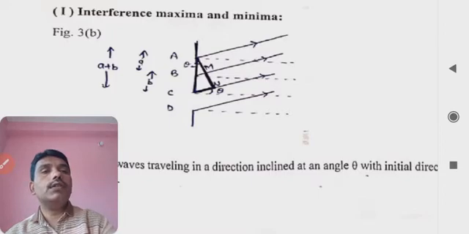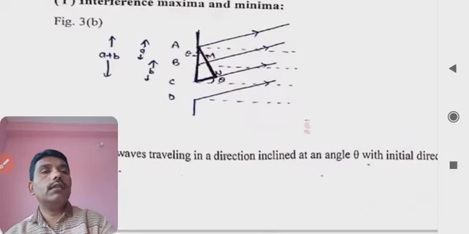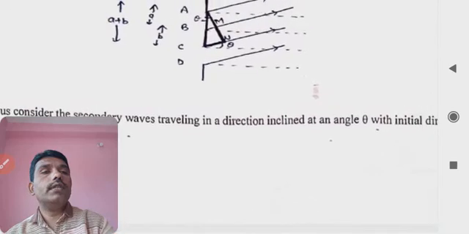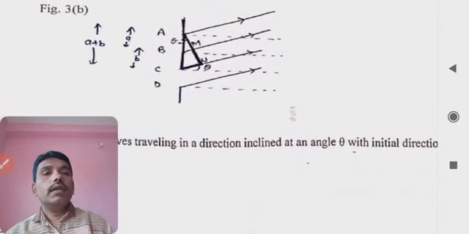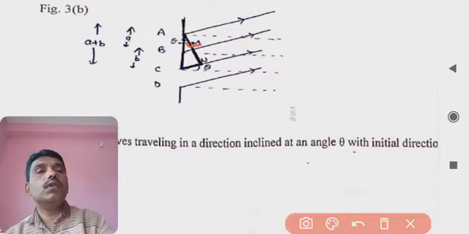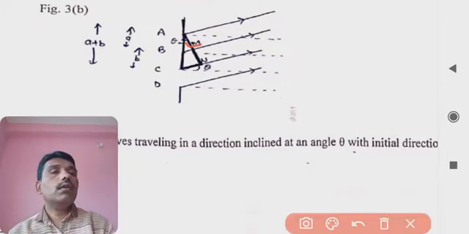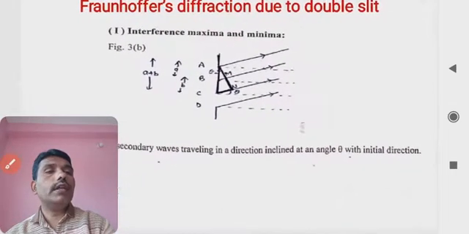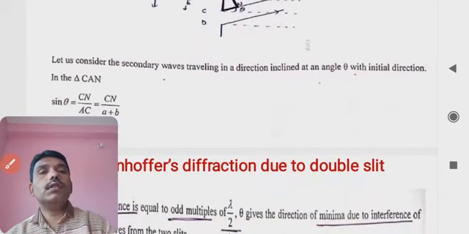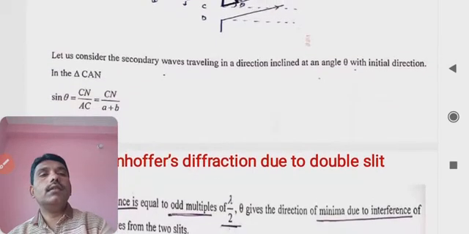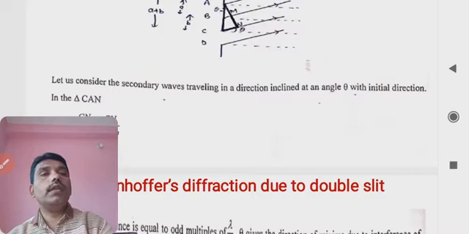When the wavefront is incident on the slit, the secondary wavefront is going to travel in a direction inclined at an angle theta, shown here as the theta angle with the initial direction. In the right angle triangle ACN, if we find sine theta, then sine theta will be CN upon AC.